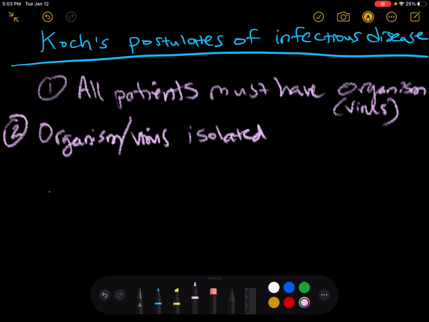And this is also important for the next postulate. And so again, this basically means that you can get a sample of the organism or the virus from the patient, and you could grow it in the lab.